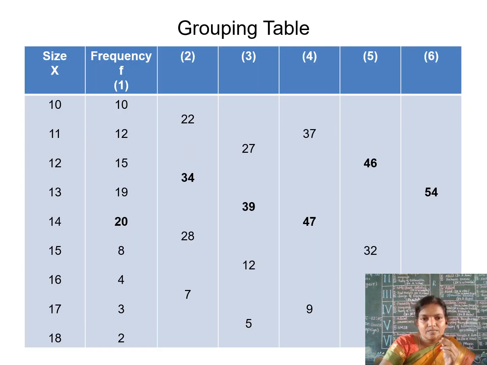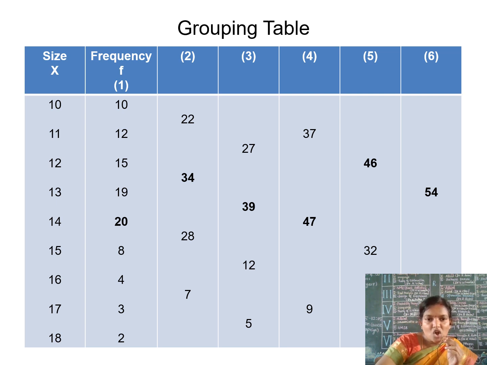Here you see another type of mode calculation. Sometimes we should use a grouping and analyzing table. When do we have to do this? When there is only a small difference in the highest frequencies, we can use the grouping and analyzing table. The first two columns we already have in our question.